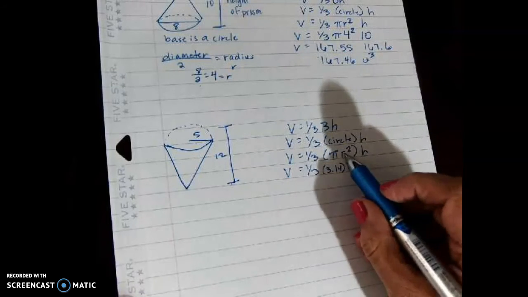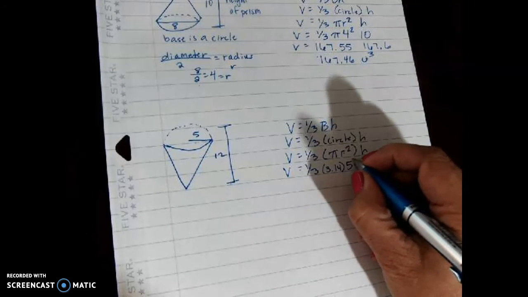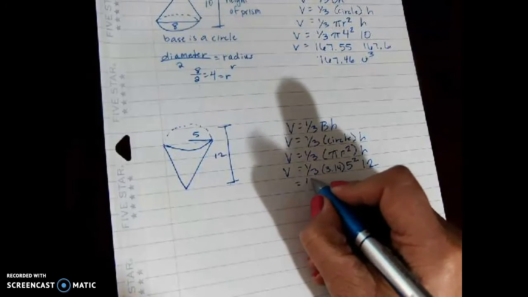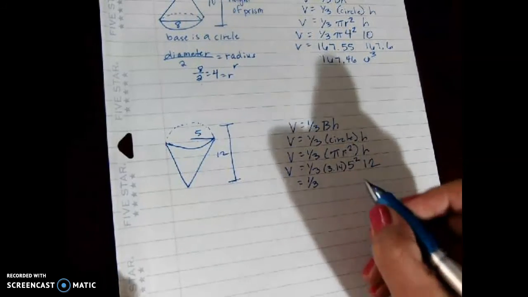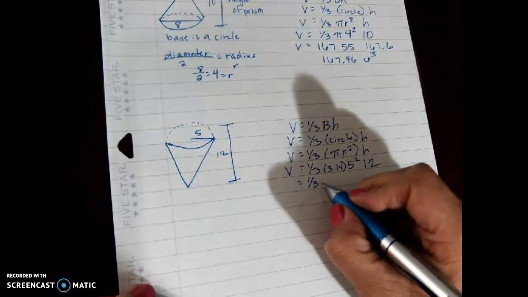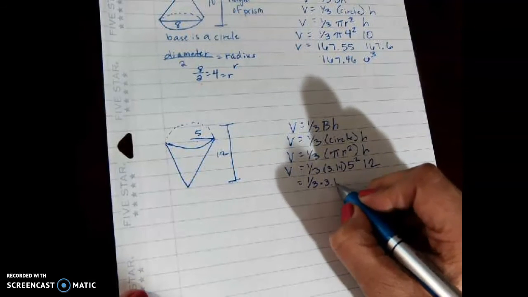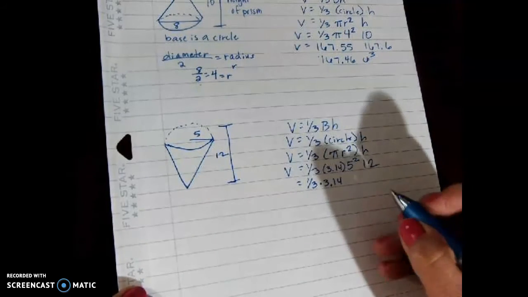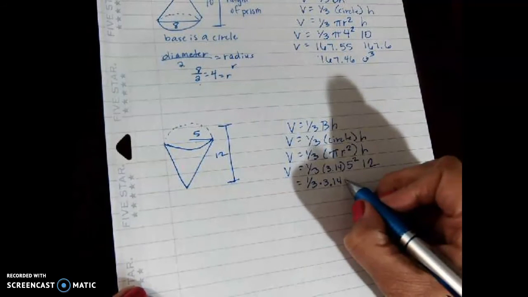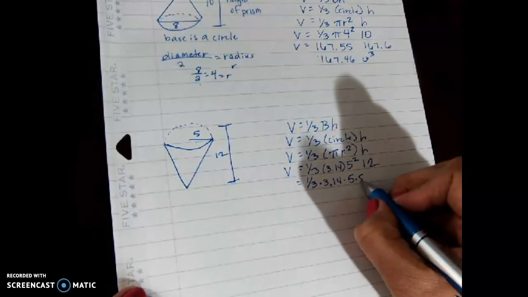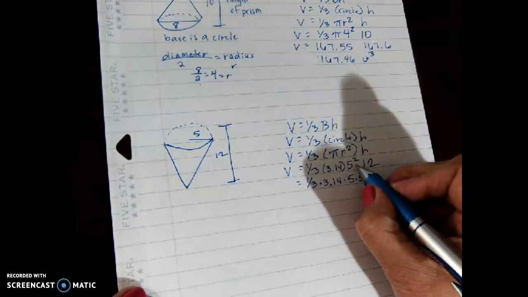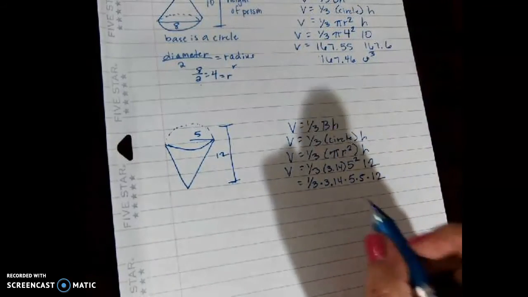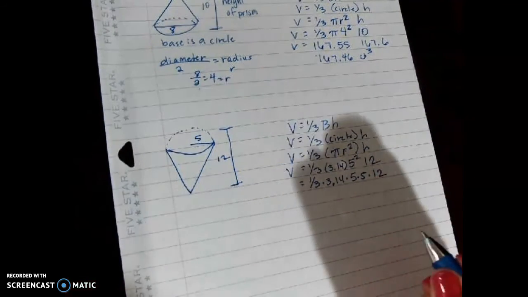So 5 squared times 12. So 1/3 times 3.14. I'm doing an extra one in case you need the extra example. Times 5 times 5, because that squared is right there, times 12.